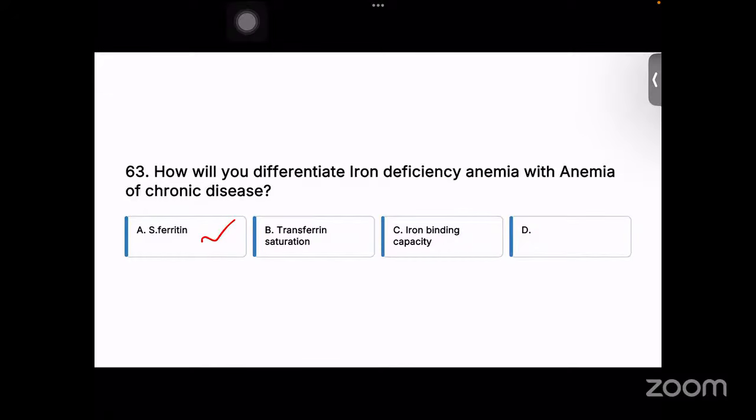Speaking about the parameters, in iron deficiency anemia you will have a low ferritin, high TIBC, and low transferrin saturation, and microcytic hypochromic RBCs.